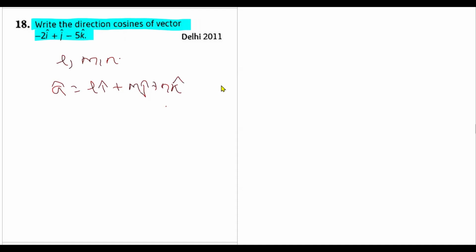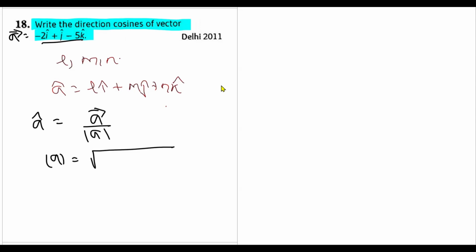That means if we are given a vector A and I convert it into a unit vector, its scalar components will represent l, m, n. So the unit vector A cap is vector A divided by the magnitude of A. Let's obtain its magnitude, which is under root of minus 2 square, that is 4, 1 square is 1, and minus 5 square is 25. So this is under root 30.